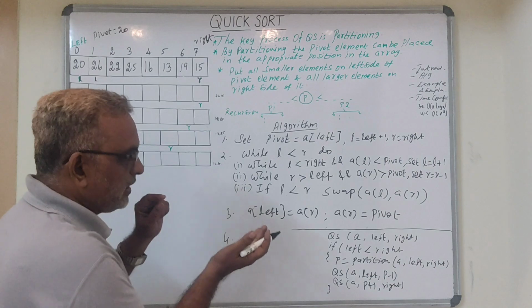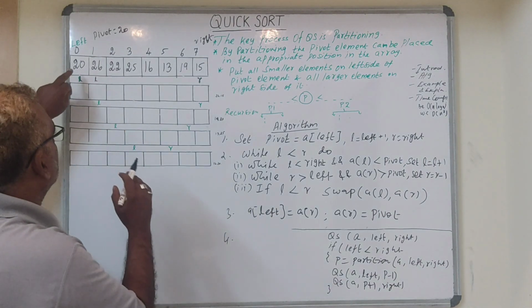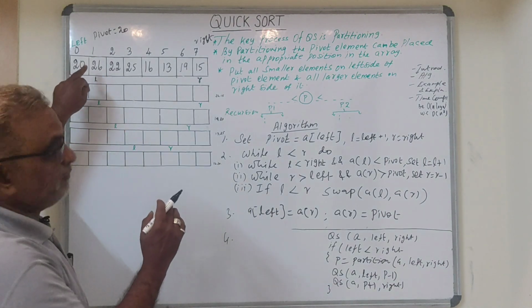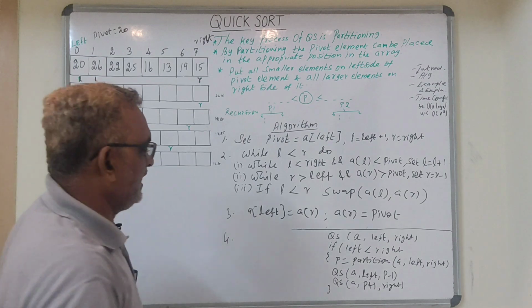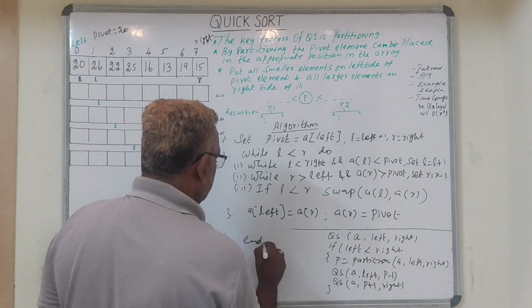It means you are swapping the value of the pivot with the value of A of R. So that is the end.